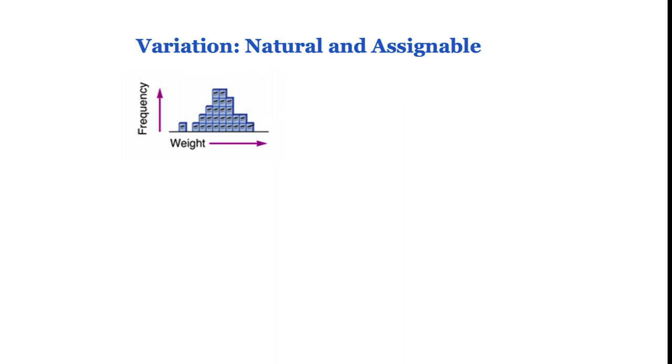And if we observe all of them and weigh each one of them, we will observe that they vary. And this is what we call natural variation. Any process will always have natural variation. So natural causes of variation are really the design of the whole process.